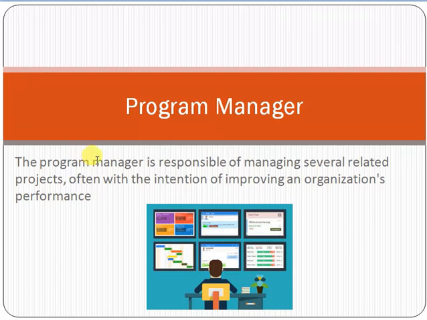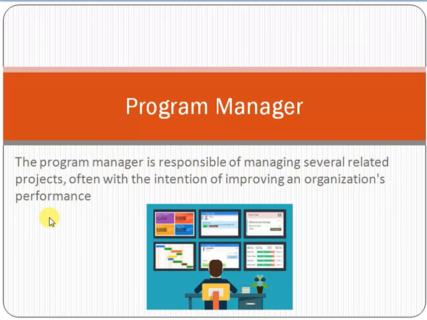A program manager is responsible for managing several related projects, often with the intention of improving an organization's performance. Just remember that a program manager is not a project manager. He is managing several interrelated projects.